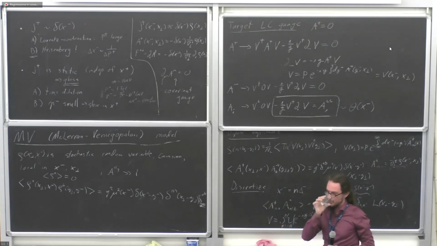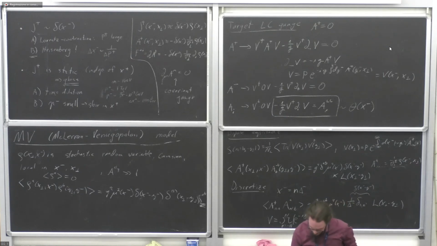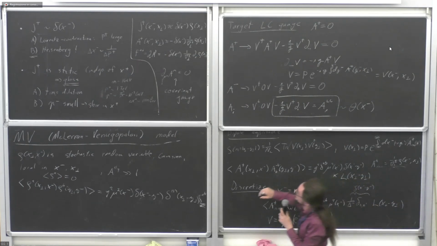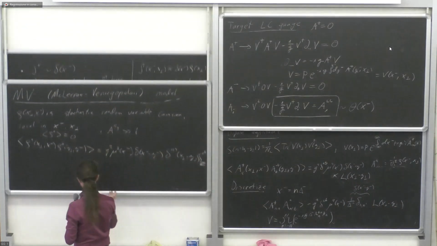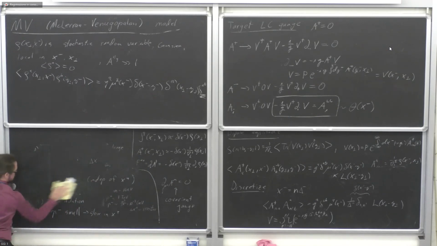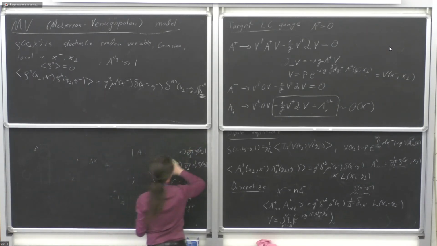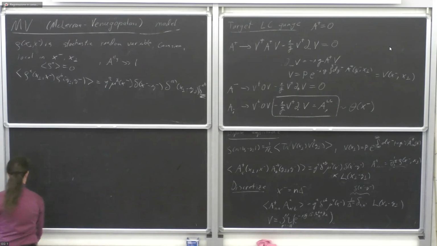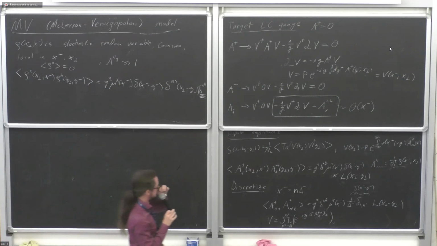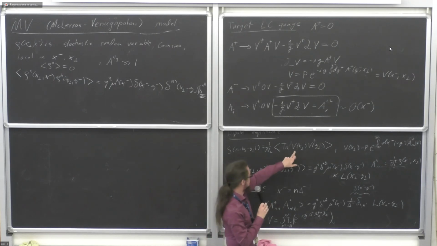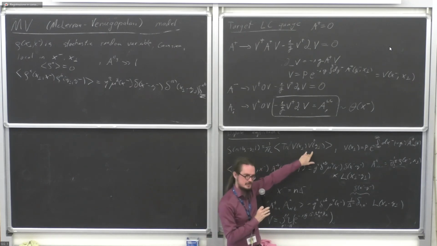Okay, so then what do we do? As I said, you plug this in here, and from this infinite product, it's always the latest ones that are next to each other.